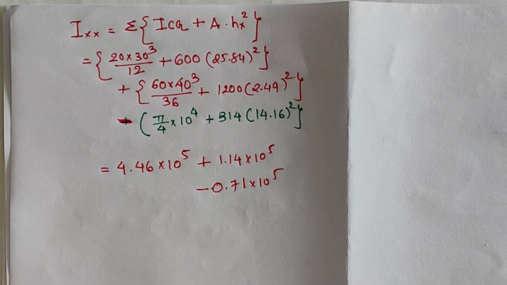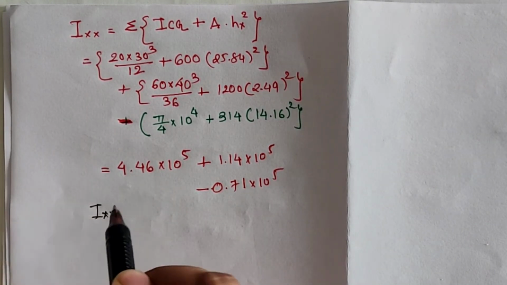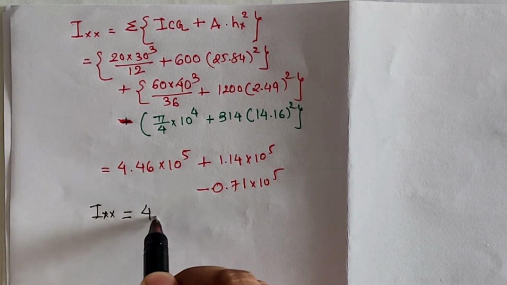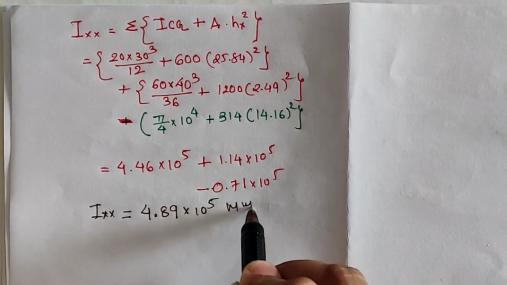So let us calculate the value of moment of inertia with respect to x axis, which is 4.89 into 10 raised to 5 mm raised to 4.